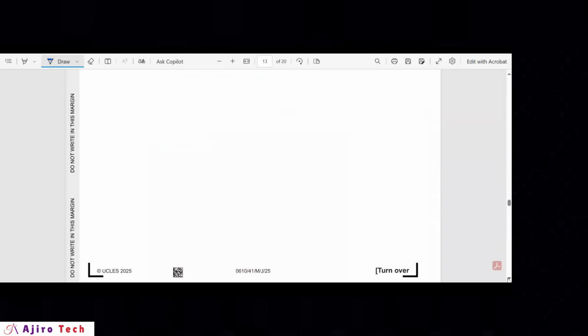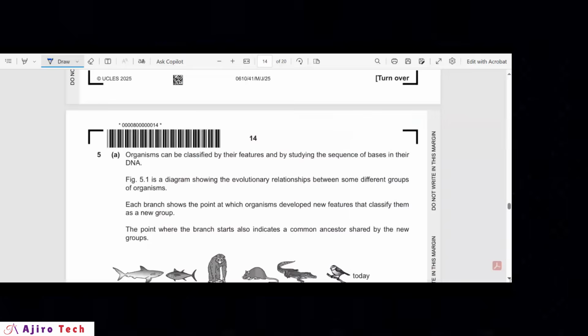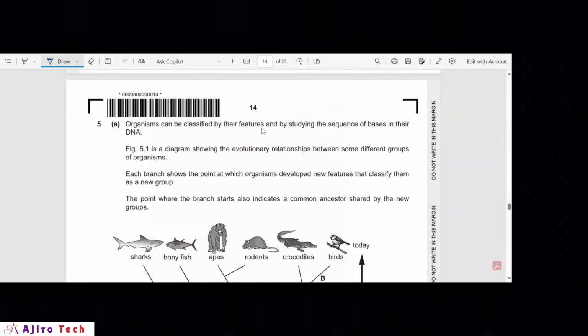Number 5, organisms can be classified by their features and by studying the sequences of bases in their DNA. This is the best way to classify organisms using their genes. This way you can know organisms that belong to the same species.